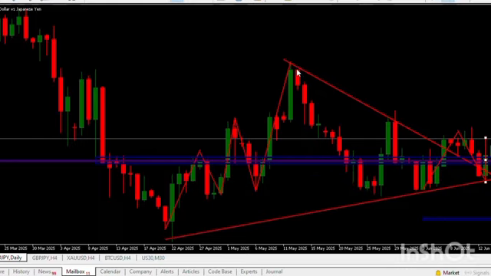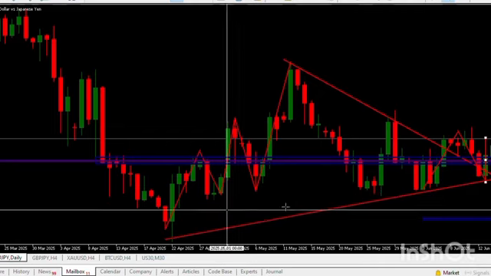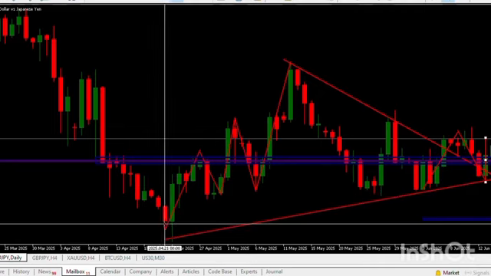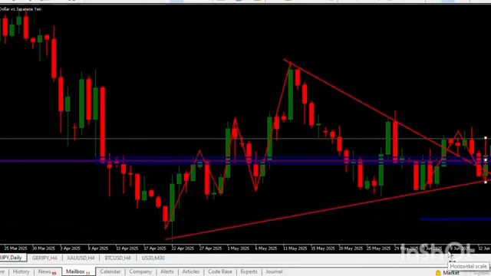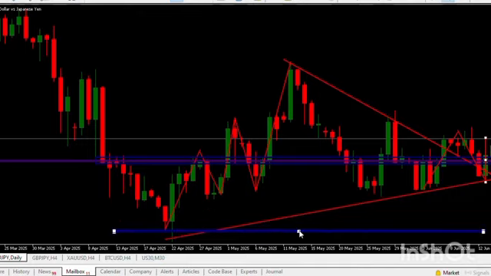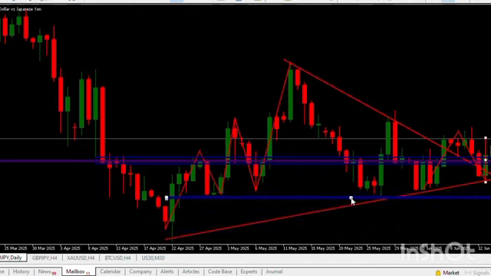I've seen this market came back, but it could not break below this lowest level here. This is the way you envisage the market, and it matters a lot.